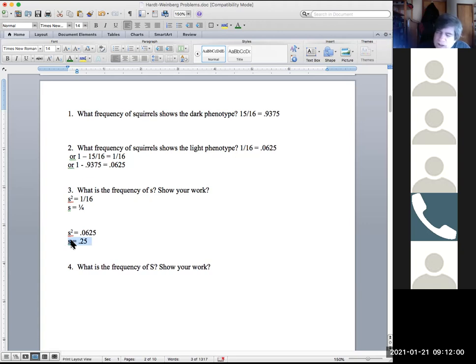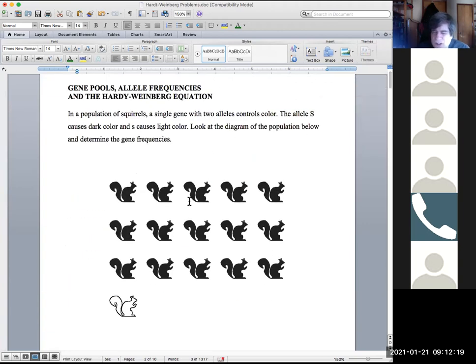A quarter of the alleles in this population are little s, even though less than 10% of the individuals show the recessive phenotype. How is this possible? Because most of the recessive alleles in this population are hidden. And they're hidden in some of these black squirrels that are heterozygous.